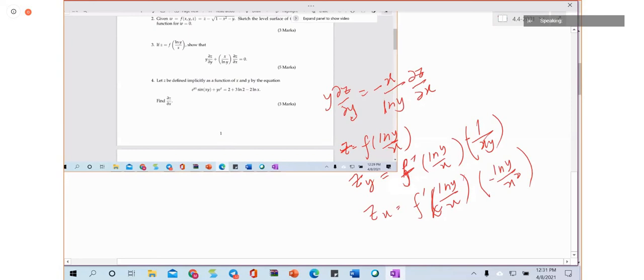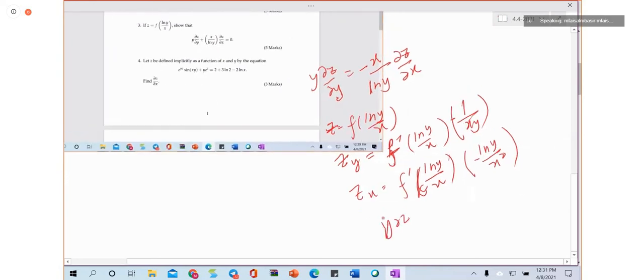And then try to solve y del z del y. Y times del z del y will have f prime over xy, so this can be cancelled.